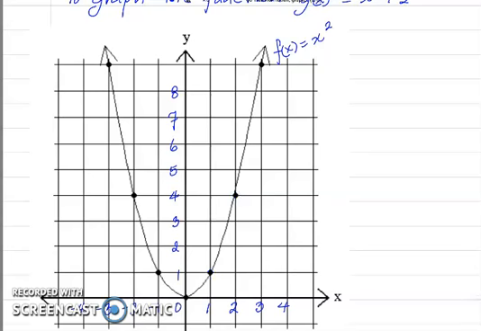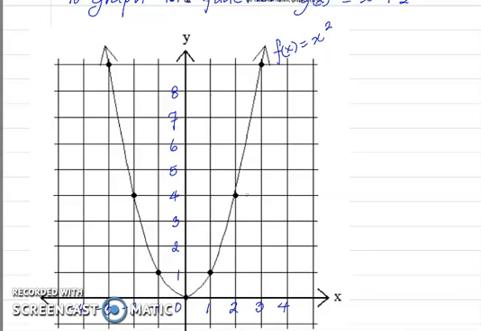So if I wish to transform this to graph g of x is equal to x squared plus 2, the plus 2 is telling me that I must move the graph 2 units upwards. We're going to do that by moving known coordinates on the graph, for example the origin 0, 0, 1, 1, 2, 4. We're going to move all of them 2 units vertically upwards.